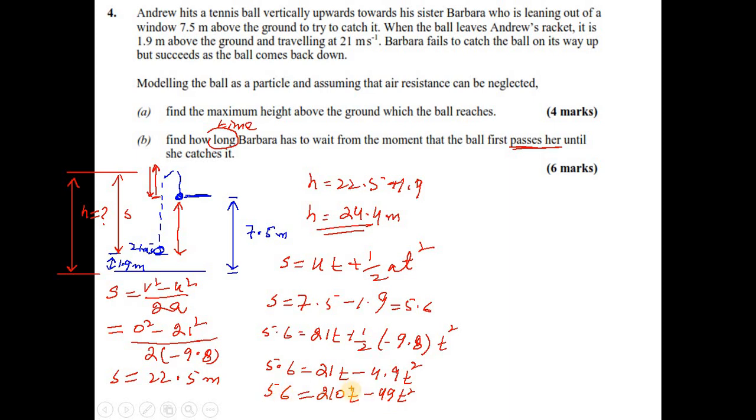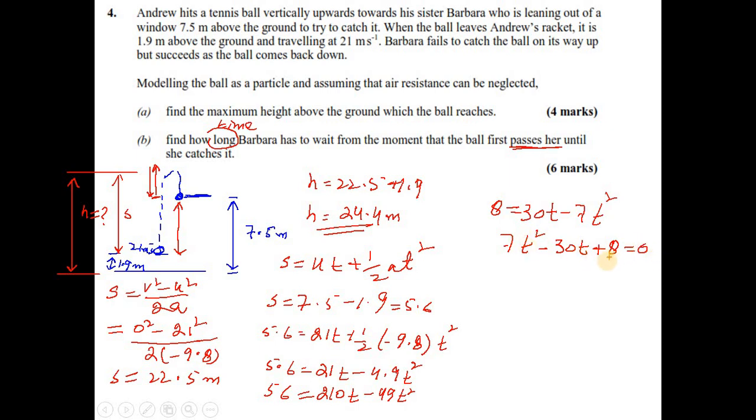If you take 7 common, you have 8 is equal to 30t minus 7t squared, and then 7t squared minus 30t plus 8 equal to 0. This is the quadratic equation.